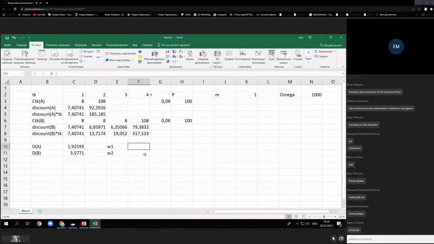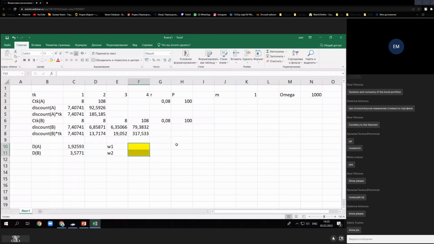What should we do here? We should form the weights in these cells. Now let's make the equation duration times the weight plus duration times the weight, and it must be equal to the time horizon.